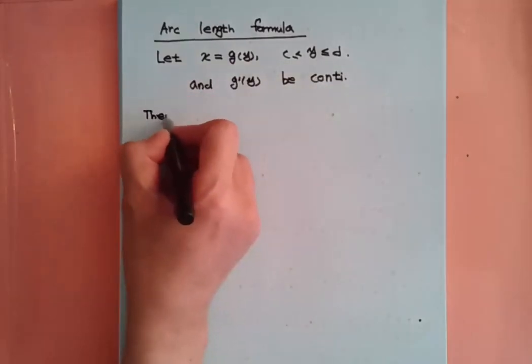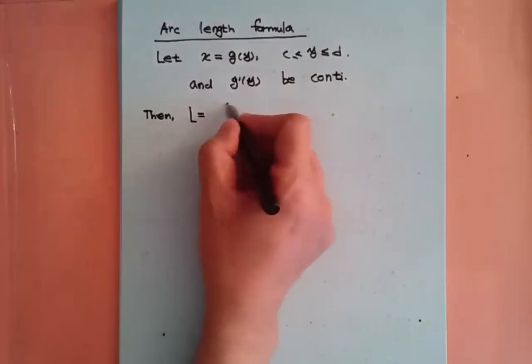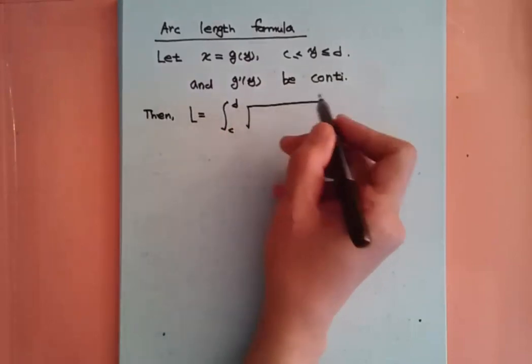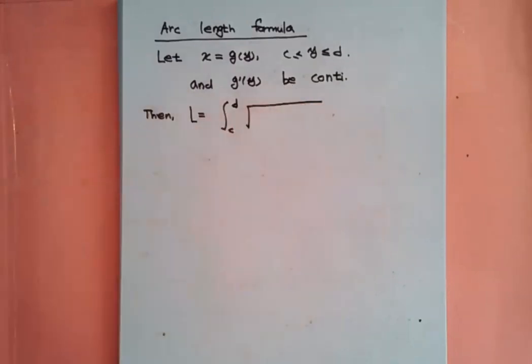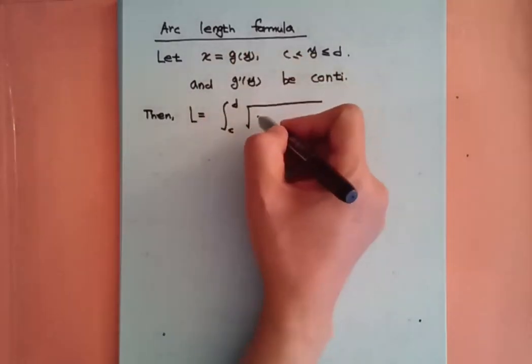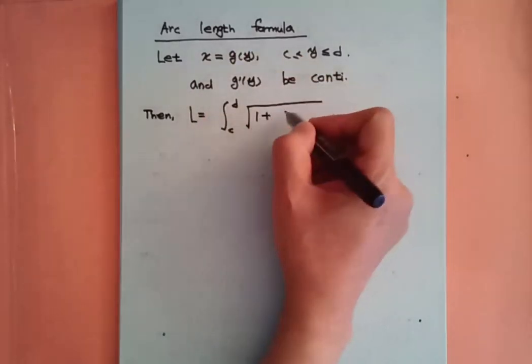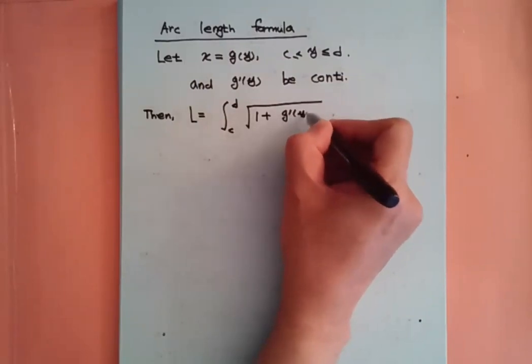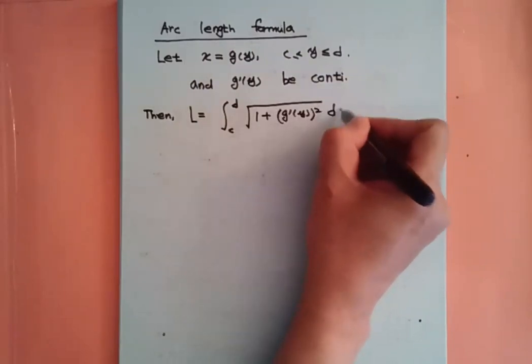Then what we know is L is from c to d. Everything is the same, but just the variables x and y are switched. So the same formula goes through. That's what I'm saying: the integral of square root of 1 plus g prime of y squared dy.